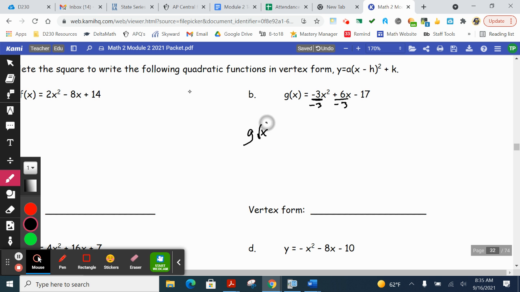That now gives me g of x to equal the negative 3 we're going to pull out so that it's been distributed. This now just gives us x squared. These would have canceled. And then now a 6 divided by a negative 3 is a negative 2x.